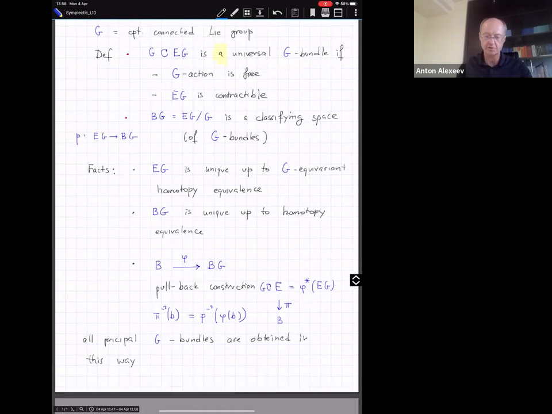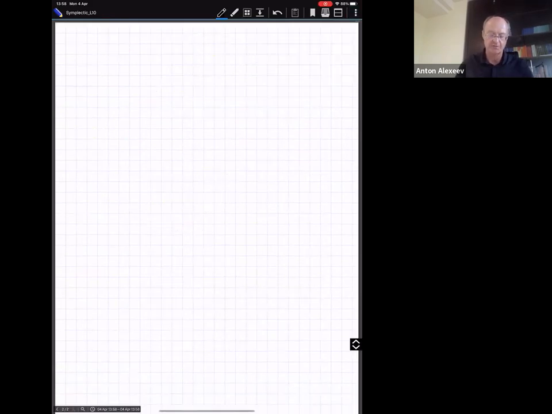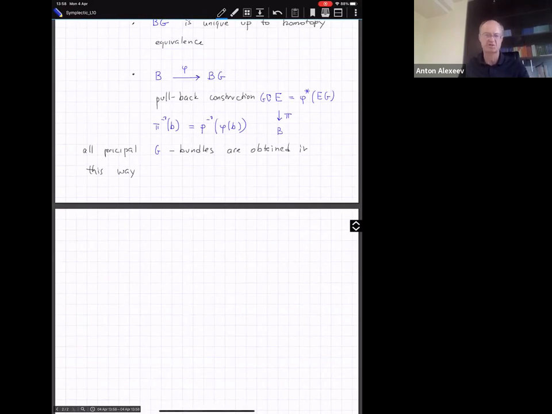So, one shouldn't underestimate the usefulness of this construction. This is a somewhat theoretical construction, but nevertheless, that's why you have the classifying space story. Maybe even a little bit more precisely, suppose you have G bundles over B up to isomorphism.